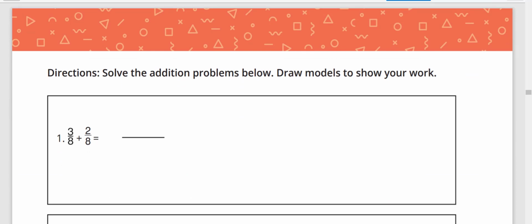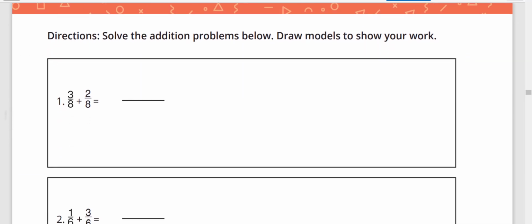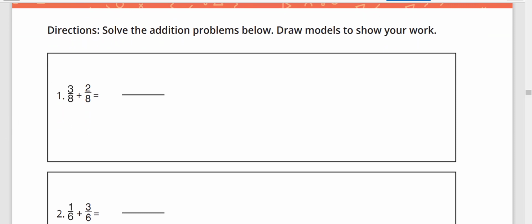Next page. Solve the addition problems below. Draw a model to show your work. 3/8 plus 2/8 equals what? First, draw the two fractions.